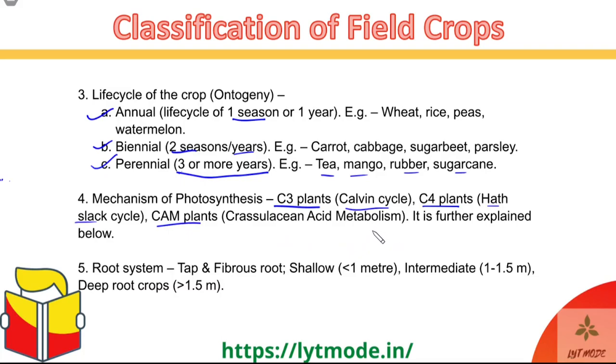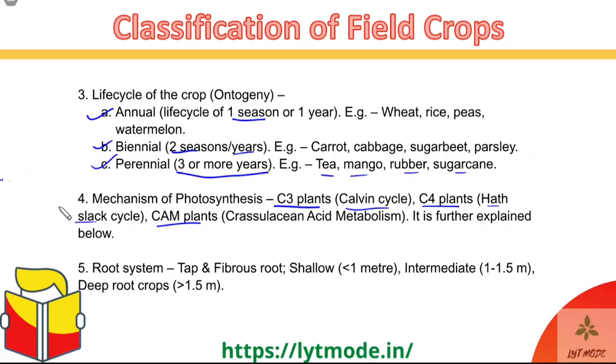So these are basically explained in detail in a table that I provided you in the content, and over there you can go through the entire table. It's very easy to understand. You can try and understand the C3, C4 and CAM mechanisms, but I haven't discussed it in the presentation because these mechanisms have never been asked in the exam before, and it's highly unlikely to be asked.